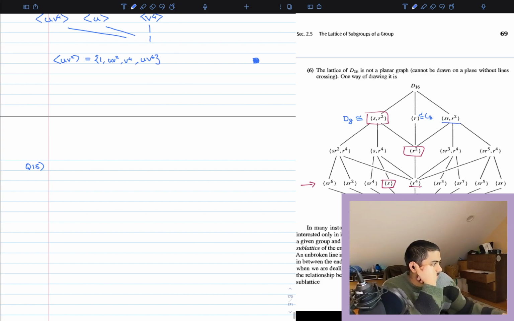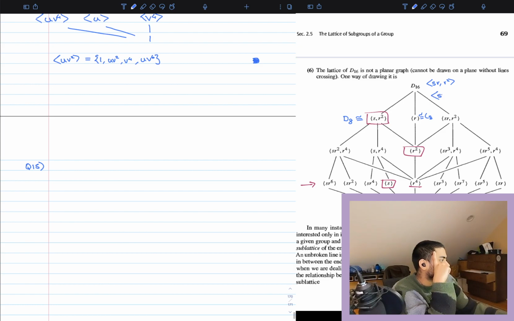What about this guy? The group generated by SR and R². I think it's just another copy of D8. Yeah, this guy's lattice also looks the same as this guy's lattice. I just want to verify that they are really the same group.